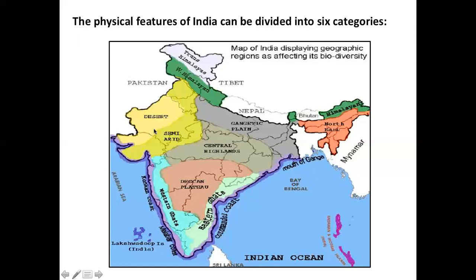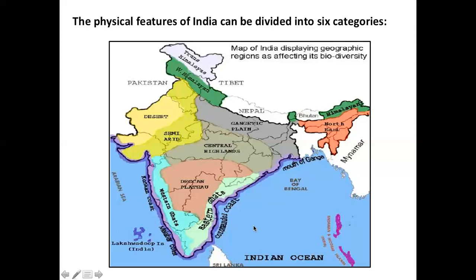Then we go to the coastal region. The coastal plains are on both the sides, that is the eastern and the western side of peninsular India. So it is a beautiful coastline on both its eastern and western side, and it is in between the Eastern Ghats and the Bay of Bengal.